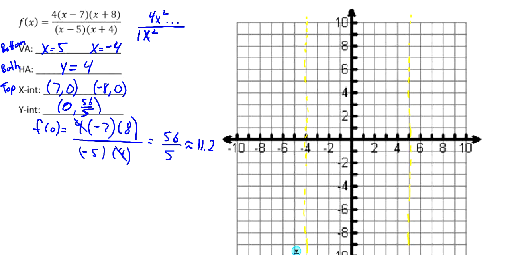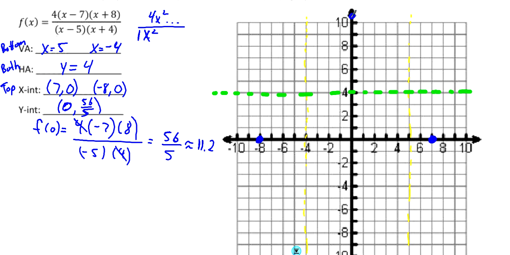Then my horizontal asymptote is at positive 4, which is right here. Then my x-intercepts are at negative 8 and positive 7, right there and there. And my y-intercept is at 0 and basically 11.2, which is up here.